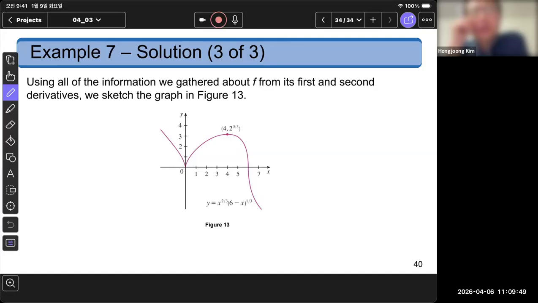Local maximum and local minimum are important because the largest value or the smallest value on the whole domain can be found among the local minima, local maxima, and two endpoints of the function, and the function values at some critical numbers. I mean, the values where f prime does not exist, right?